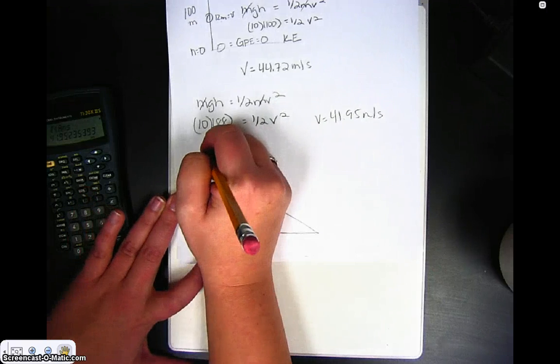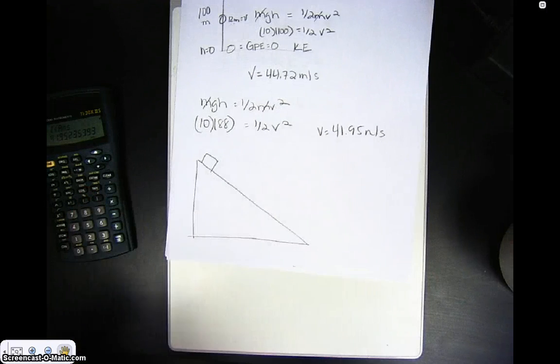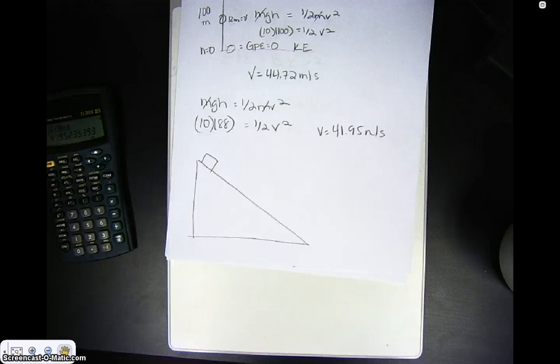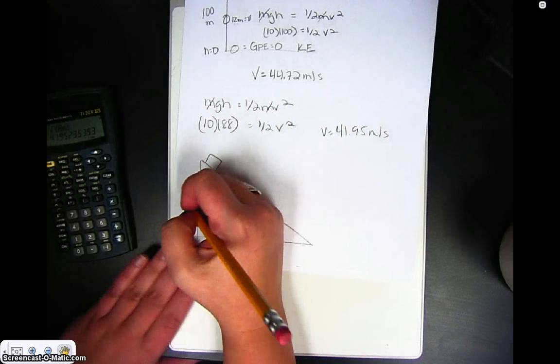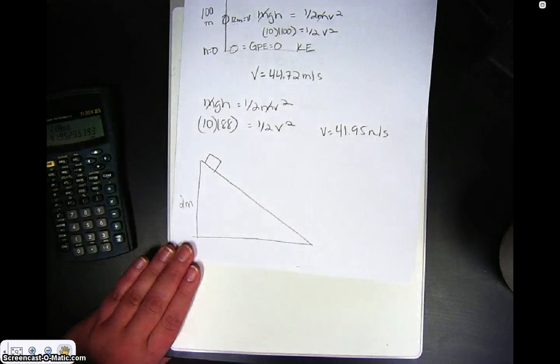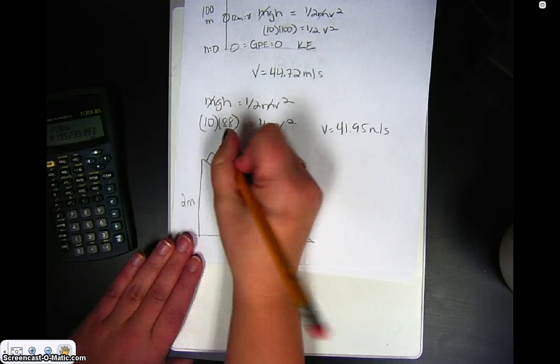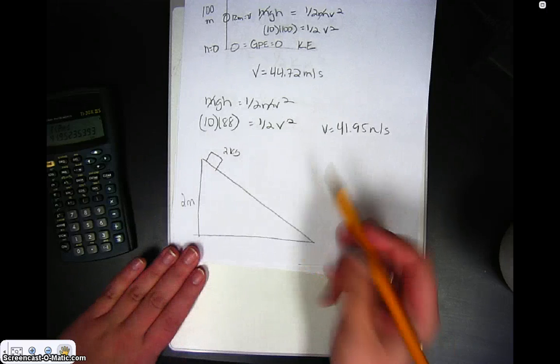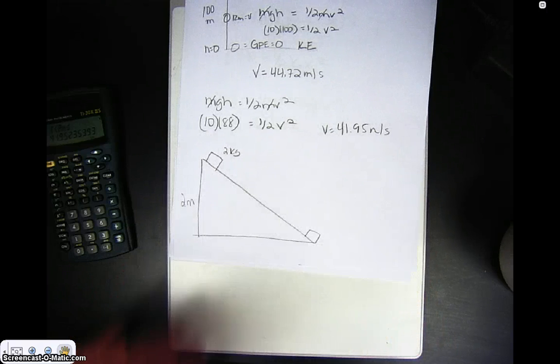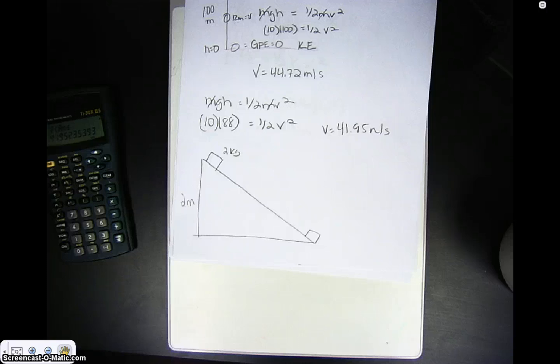Right, so if there's friction on this plane, then we've got to use our old school force equations or our constant acceleration equations. But for this, let's say we have an inclined plane, and let's say it's 2 meters high. And we have a 2 kilogram block, and it's going to fall to the very bottom of the hill. How fast is it going to be going when it gets to the bottom of the hill?